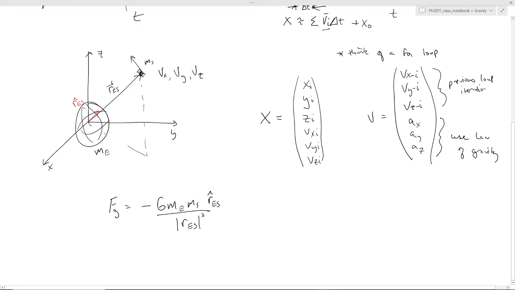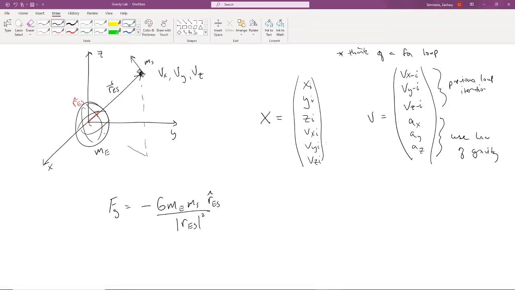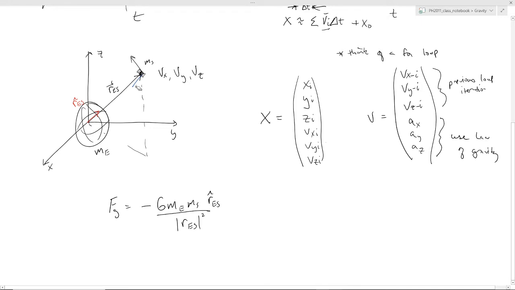So the force that would be on the satellite, the force of gravity, let me put it actually in a different color, would be pointing towards the Earth along that line, and it would be given by Newton's law of gravity, and it would be in that direction. Make this blue. Okay. So if we want to find the acceleration of the satellite, we know that the force is equal to the mass of the satellite times its acceleration.